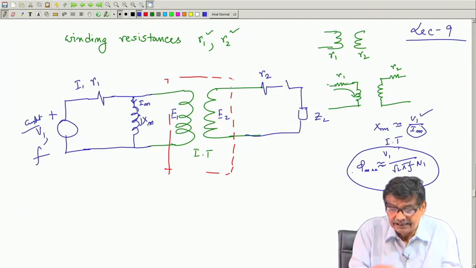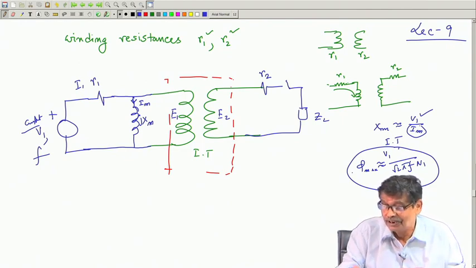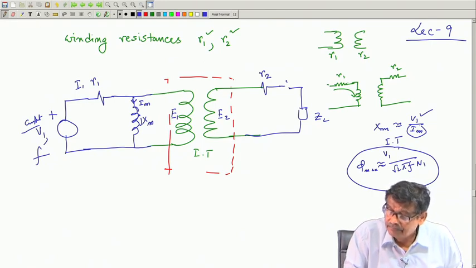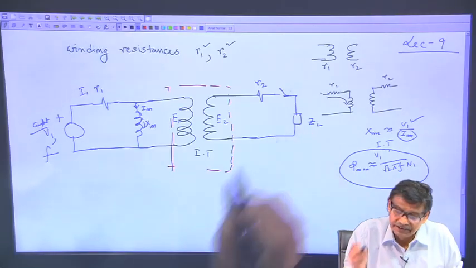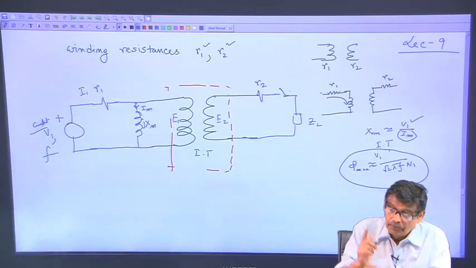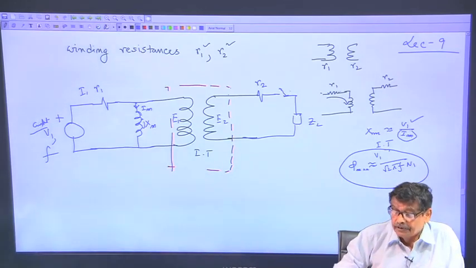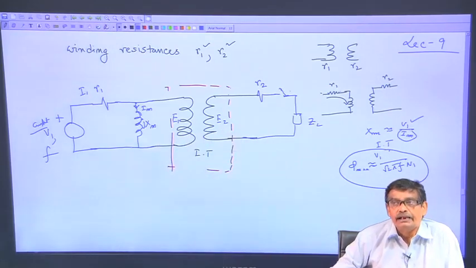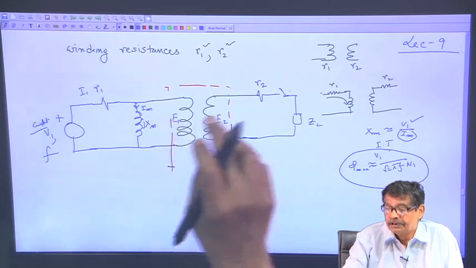Anyway, nonetheless, let us try to draw the phasor diagram of this one and try to understand the implication of this. Now, listen carefully. Here I will start with E 1 and E 2, this voltage and this voltage.